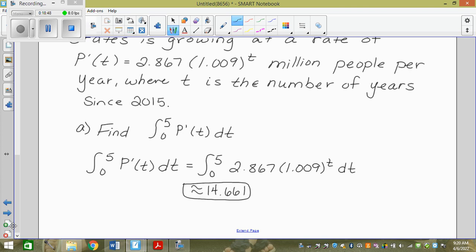We agree? Now people will get to this spot when this is actually not in a calculator section, and they get mad at me and say, we've never been taught this way. And I'm like, you have to remember this. Remember when you took a derivative of something, if it had a coefficient, the coefficient could just sit in front. We could do the derivative of the rest and multiply it by the coefficient. We agree? The same thing happens with integrals. We're going to do this one algebraically.